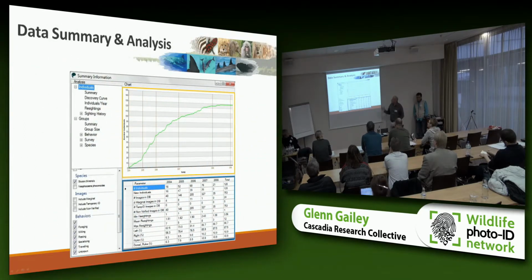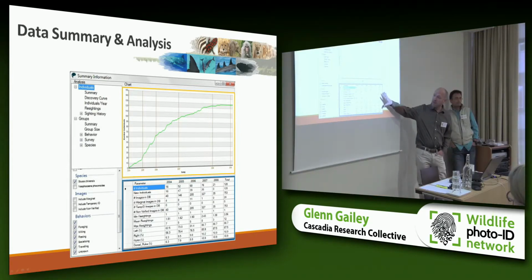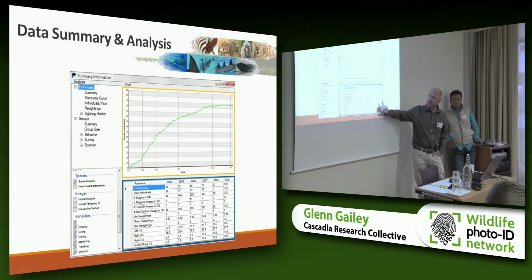And then we include a standard analysis package where you summarize your data, like how many individuals are in your database, how many are new as you're going through time, how many are marginal, and how many resightings: min resightings, mean, max resightings. And then we have the concept of aspects.